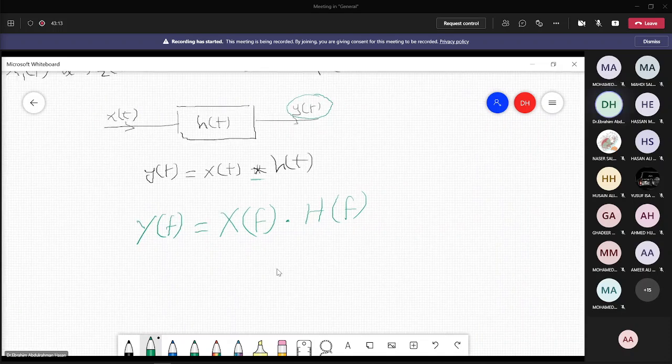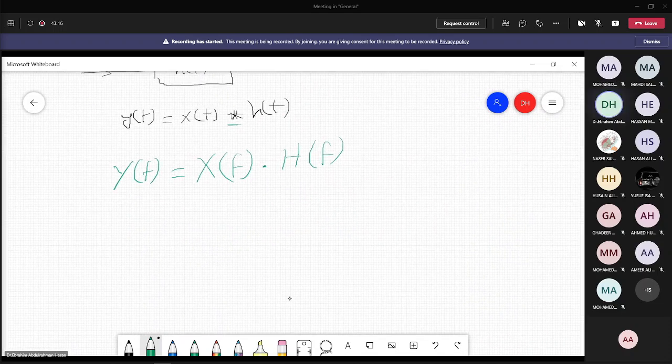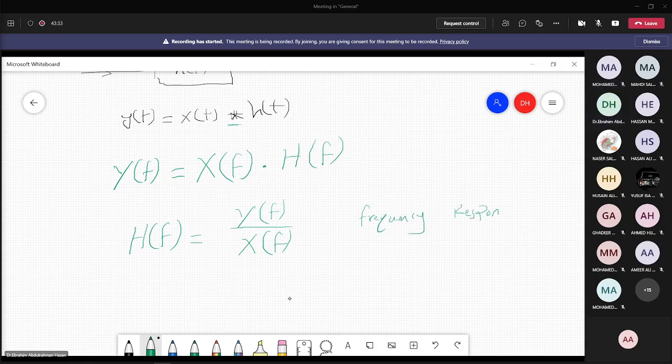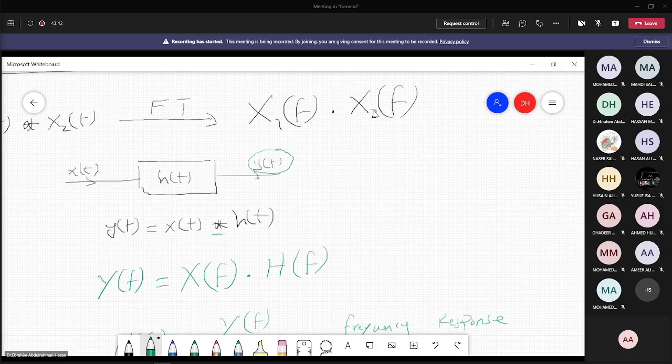Okay, then from here we can also calculate h of f, which is equal to y of f divided by x of f. And this we call the frequency response. Frequency response. Let's not forget that h of t we call the impulse response. Pay attention to the names, because sometimes we say find the frequency response, find the impulse response.